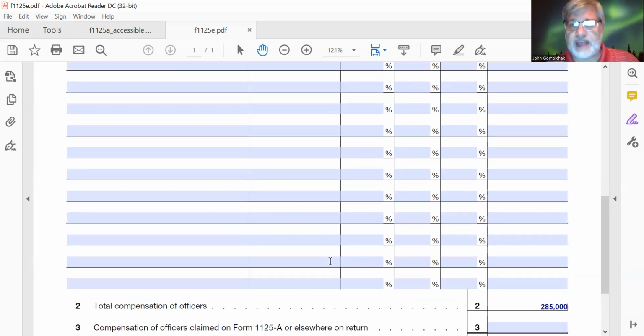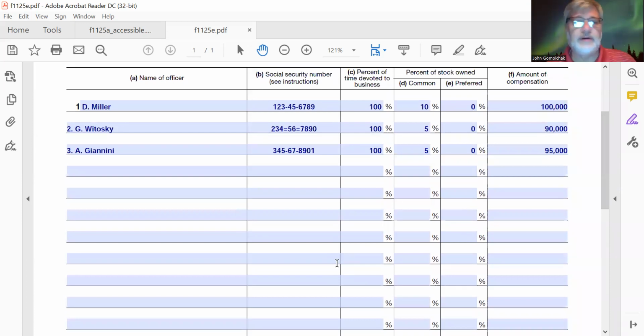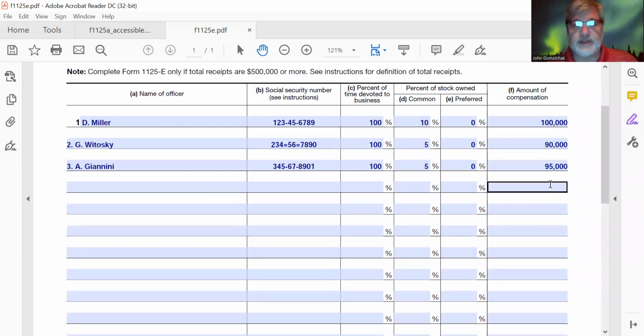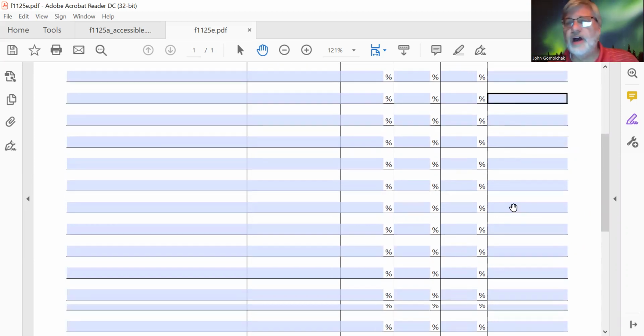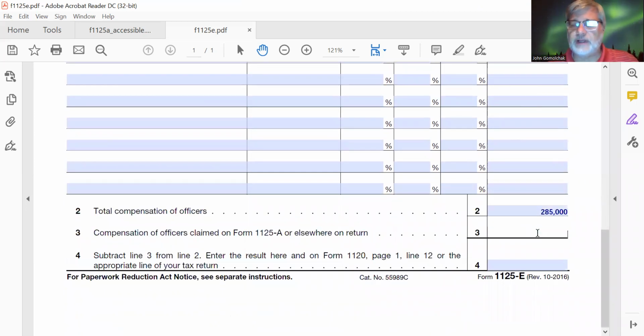So if we're saying that half of his direct labor is directly related to the manufacture of the product, half of his 95,000 should be reported as direct labor. So it's going to be reported elsewhere. That's 47,500, I believe. I could have made these numbers a little bit easier for myself, couldn't I have?